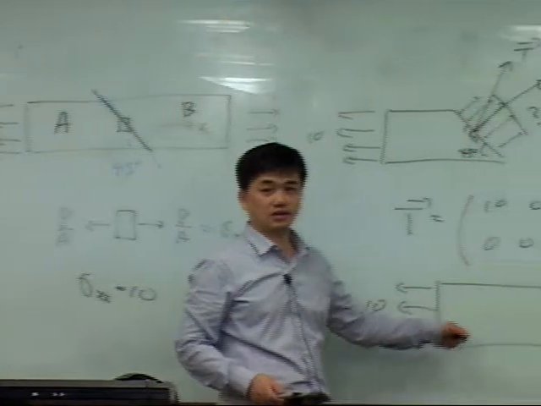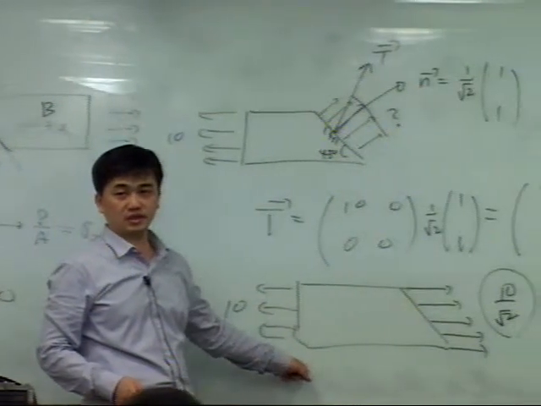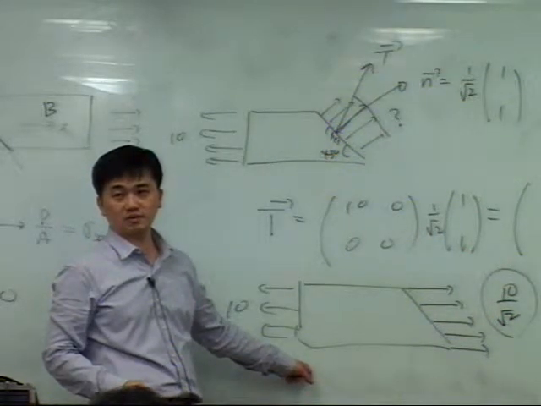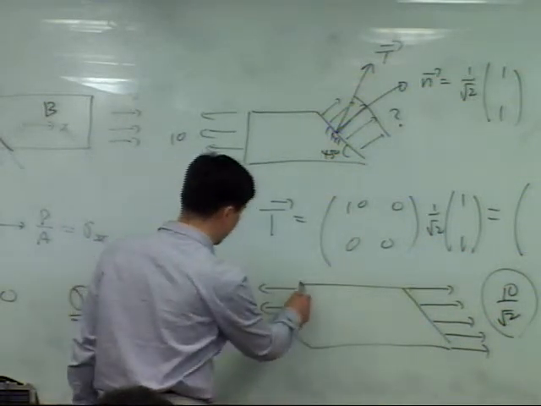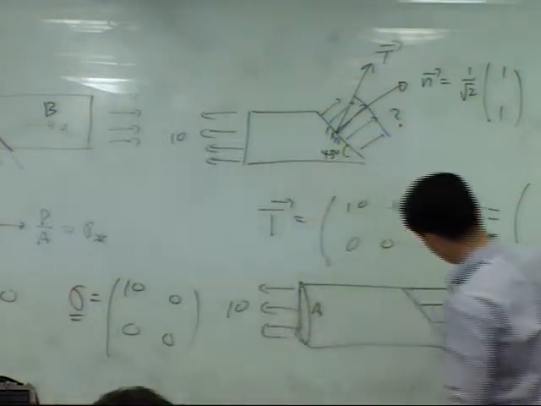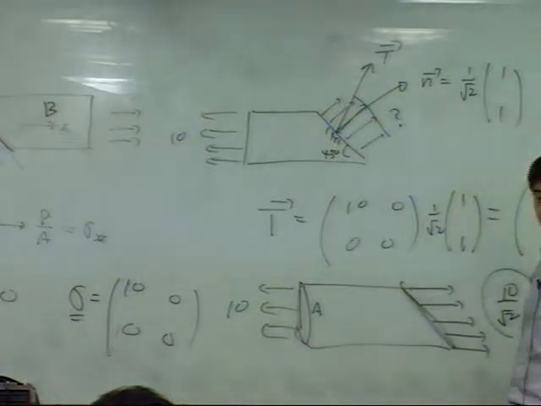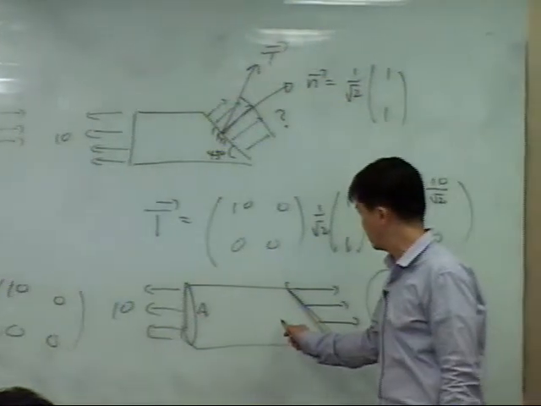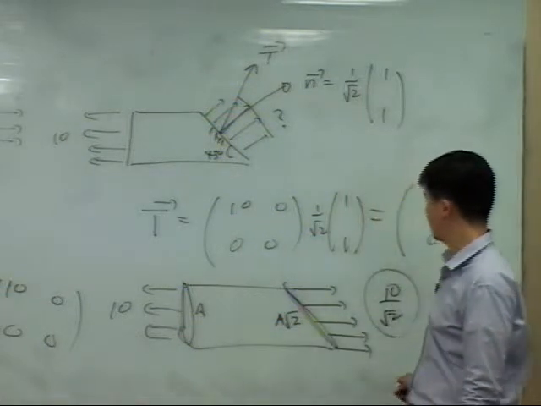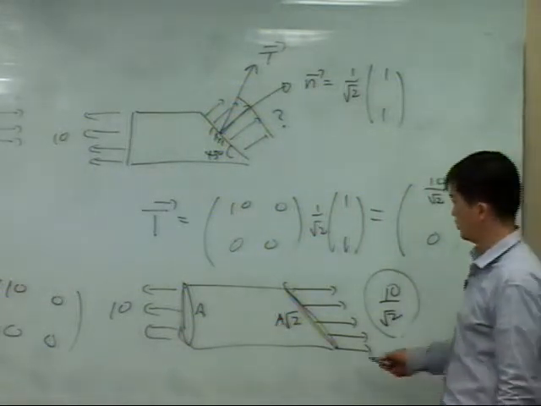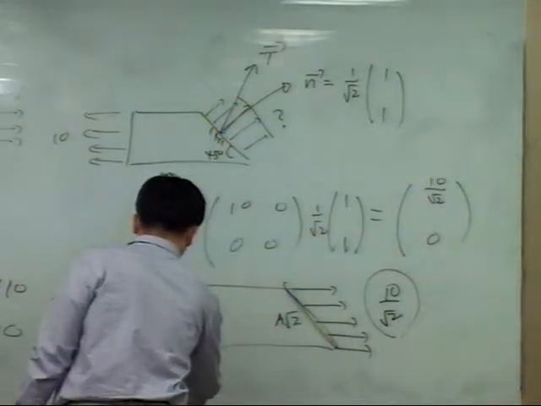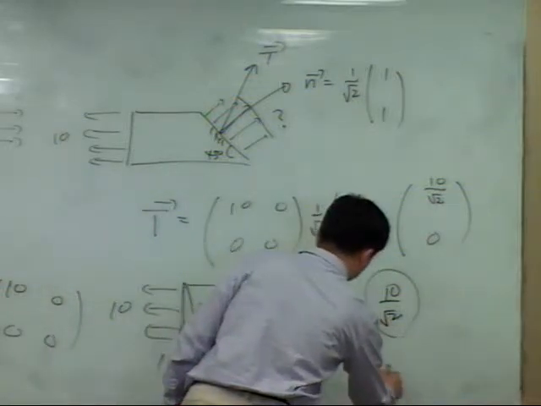Do you think this is in equilibrium or not? Just take the sum of the forces. Force will be calculated by the 10 multiplied by A, right? How about the area of this? A root 2, right? So if you multiply, here we have a force 10A, here we have a force 10A, right?